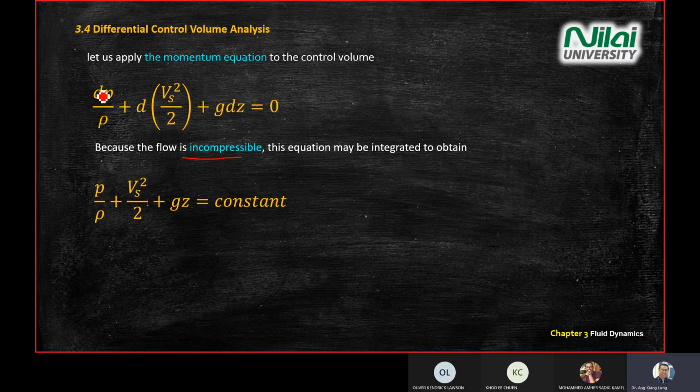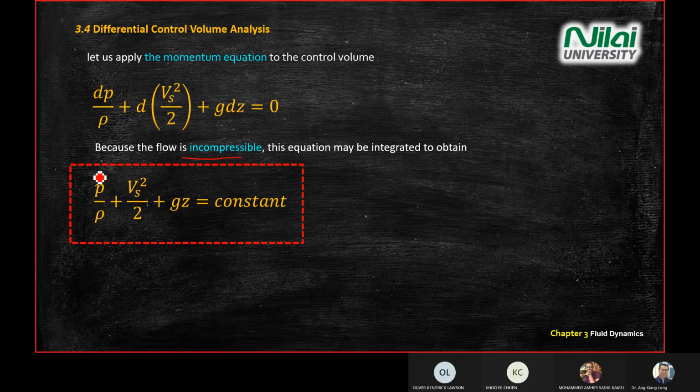You can take out the differentials in the equation, which are dP, the small changes of pressure, the small changes of velocity, the small changes of the elevation. You integrate, and you get the full values of pressure, velocity, and elevation equal to a constant value.